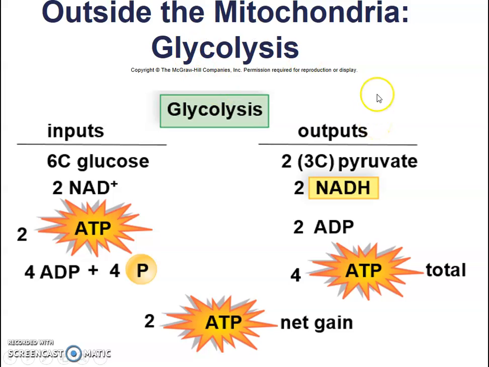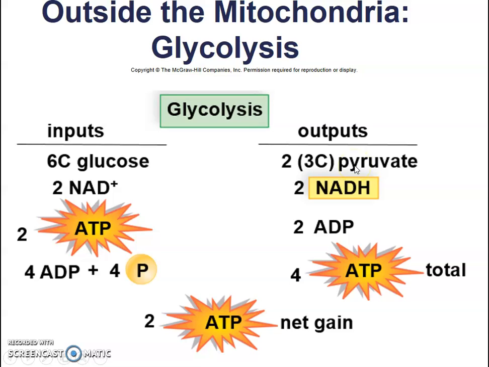So here we just have a visual representation. Okay, our inputs are 6 carbons in the form of glucose. We input 2 NAD+ molecules and 2 ATP molecules and 4 ADP and 4 phosphates. Okay, we have as our outputs 2 pyruvates.